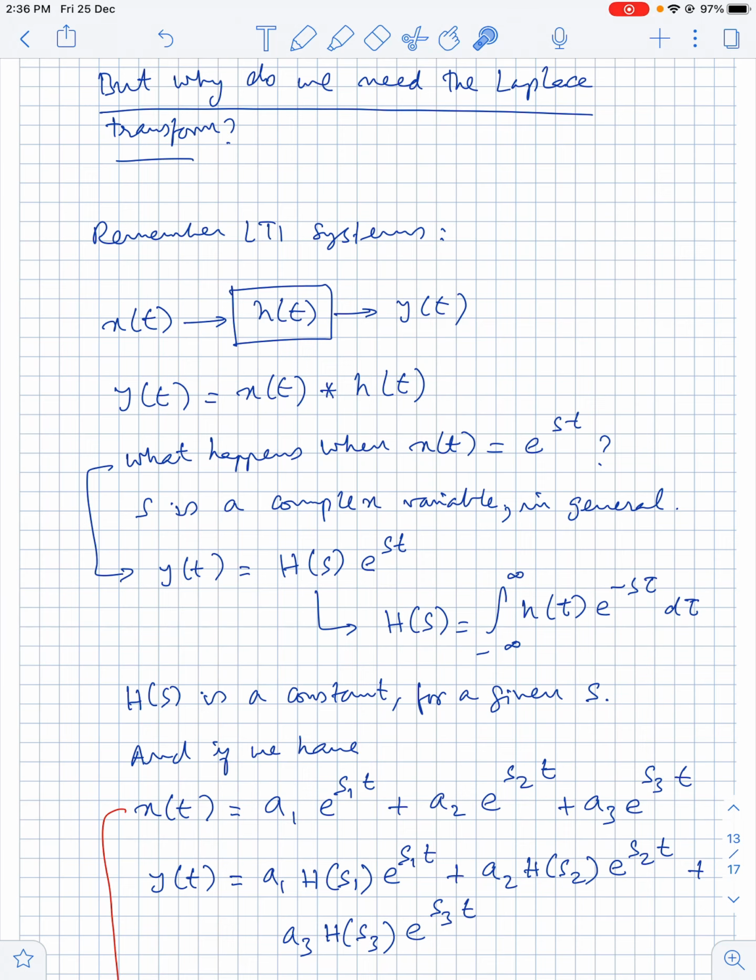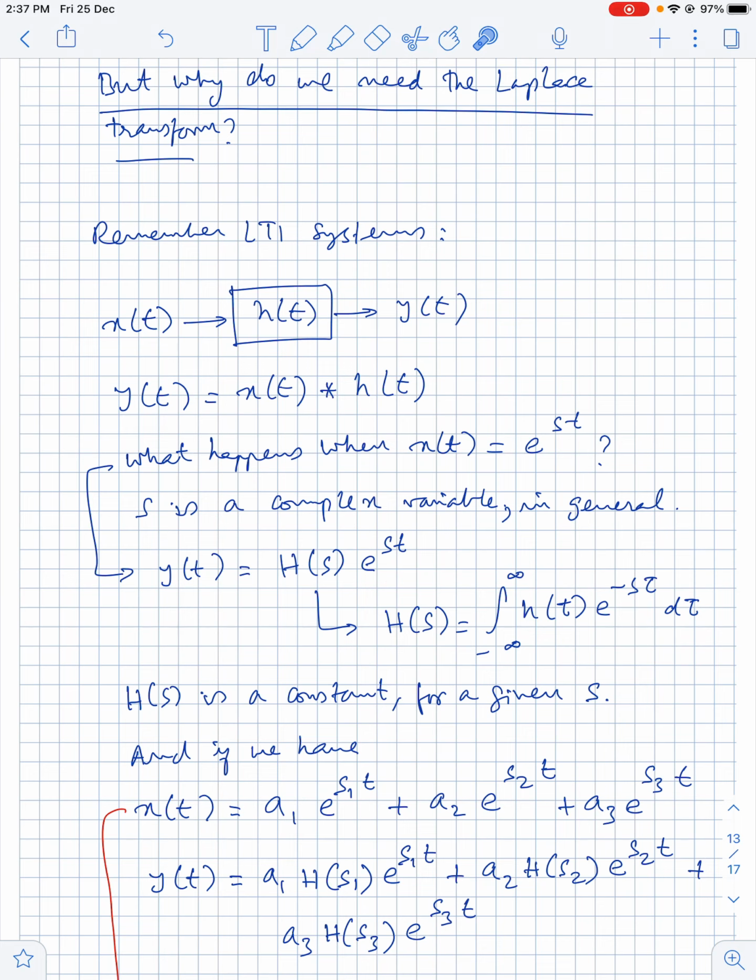Now, we also saw this earlier. What happens when x of t is e raised to st? When we give a complex exponential as input, what will be the output? If input is e raised to st, the output is also e raised to st multiplied by a constant.